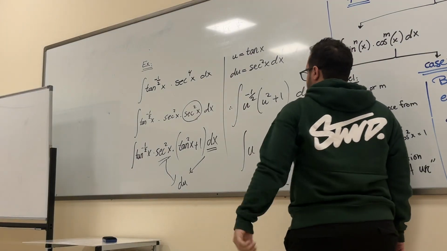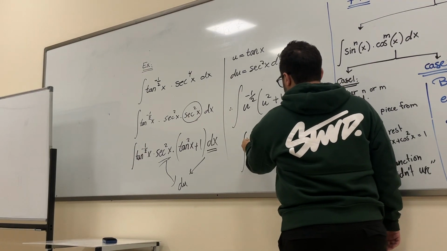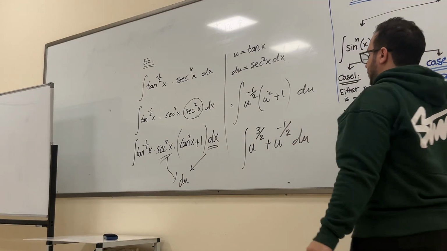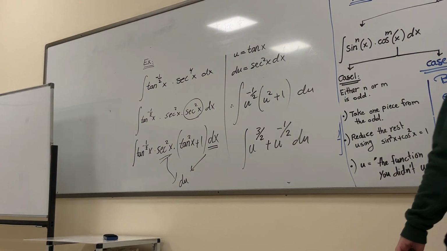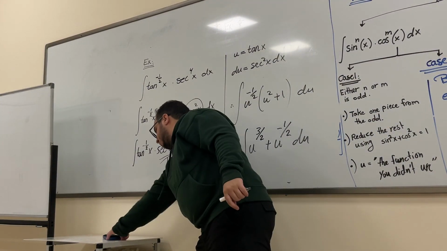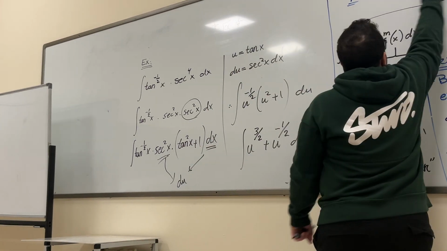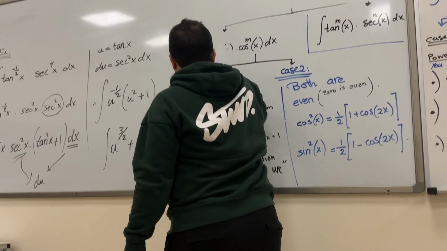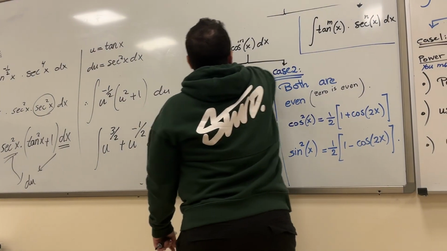2 minus half is 3 over 2. And then what do I have? Just power rule. You don't integrate, it's integration using power rule.